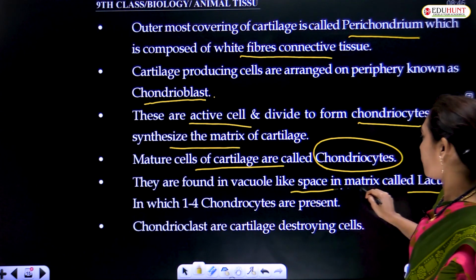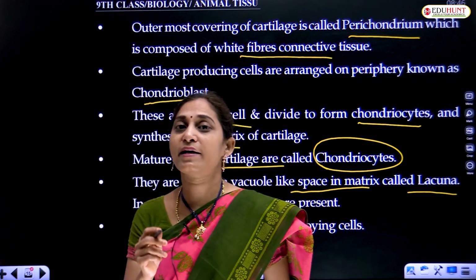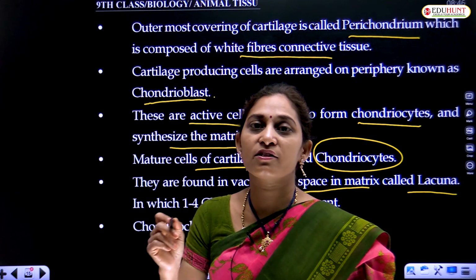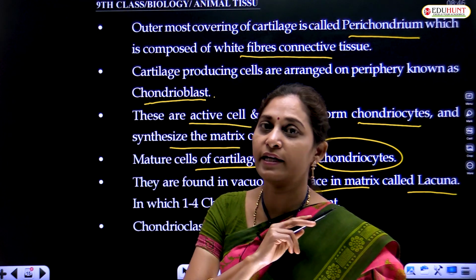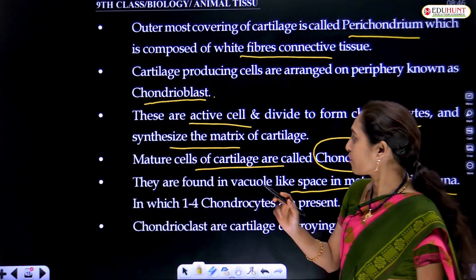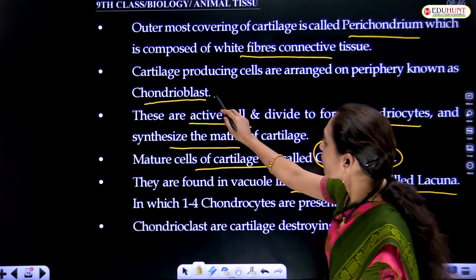The cartilage matrix composed of numerous vacuole-like structures called the lacuna, and each lacuna is occupied by 1 to 4 chondriocytes, which are produced by the chondrioblasts.